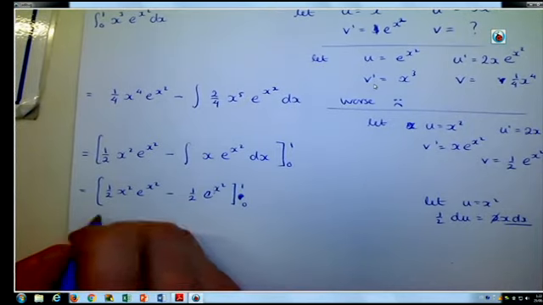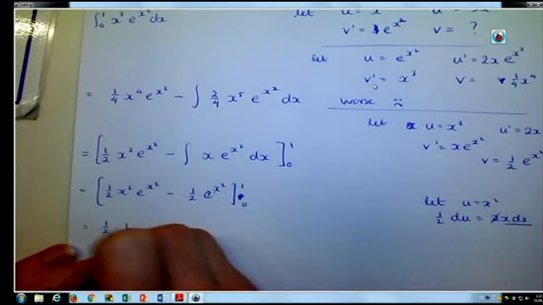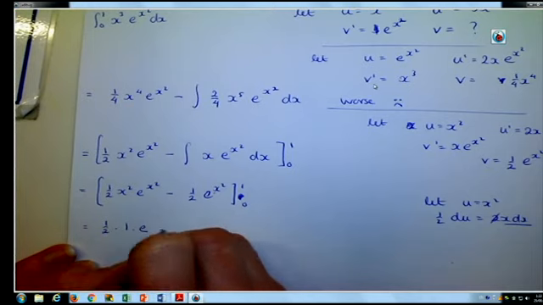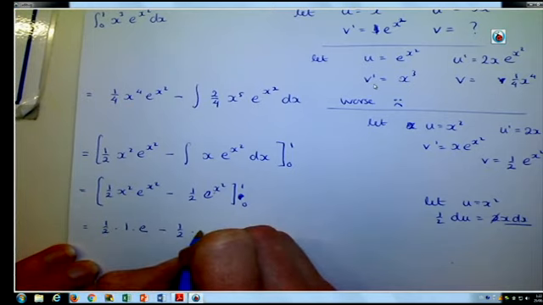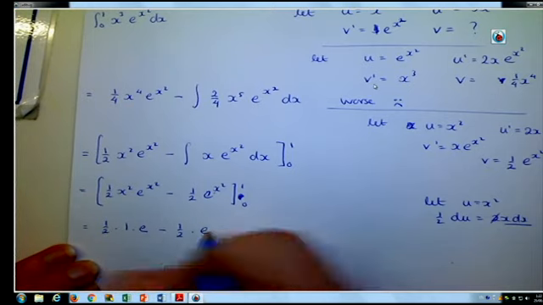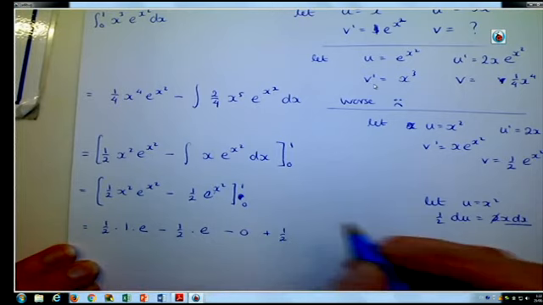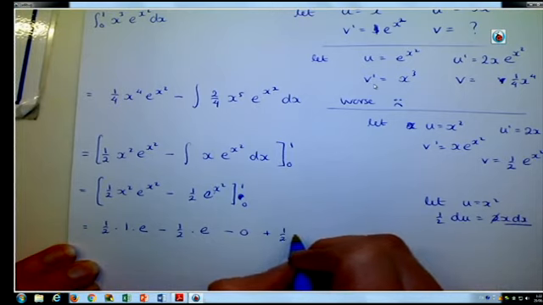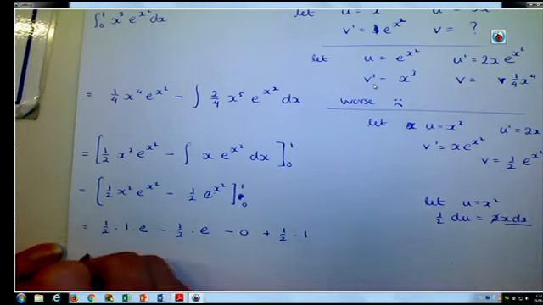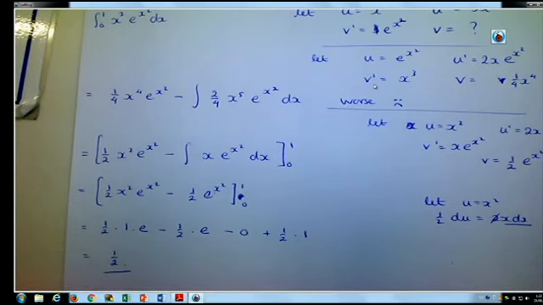Now I can put the 1 in, and I get a half times 1 times e, and put the 0 in. Equals a half.